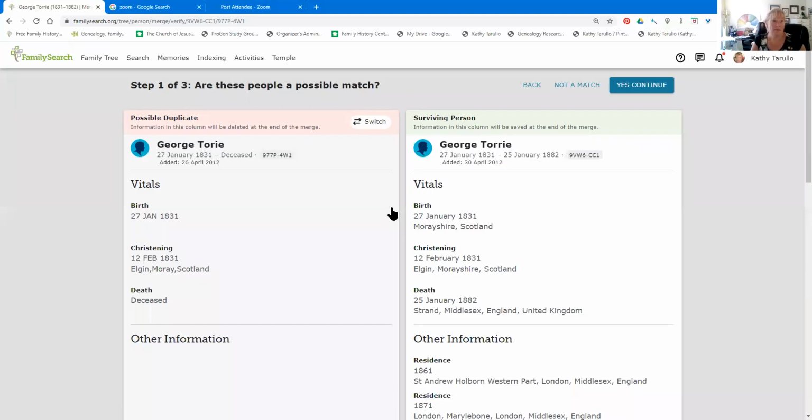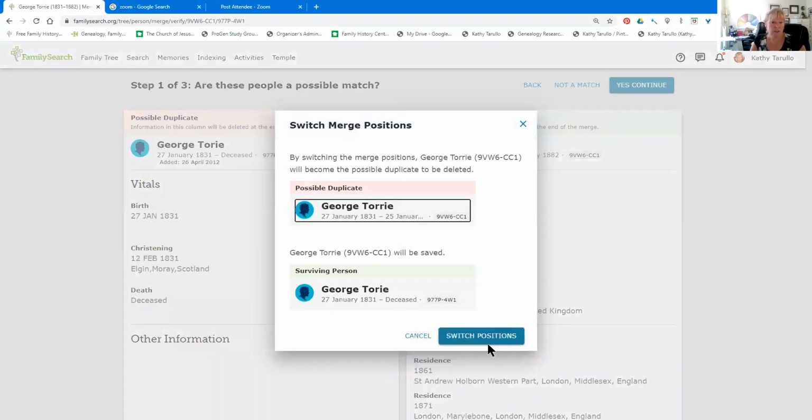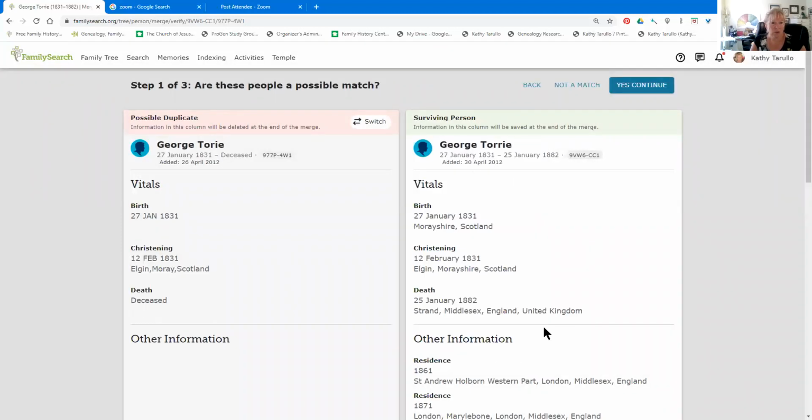When my merge comes up, I have in pink over here the possible duplicates, and it's telling me that this person right here is going to disappear if I merge them, and the information from this person will be transferred over to here. Now, if I didn't want to do it that way, I could switch positions, but I'm not going to do that. I'm going to keep my George Torrey as the surviving person.